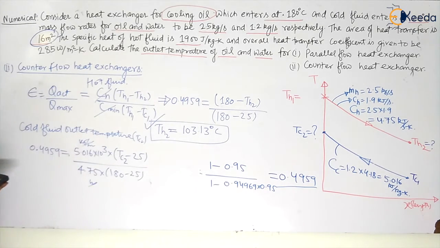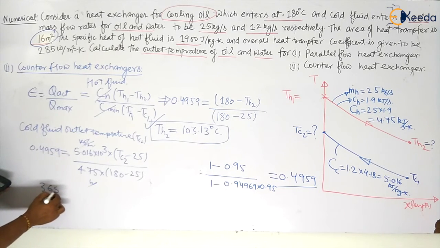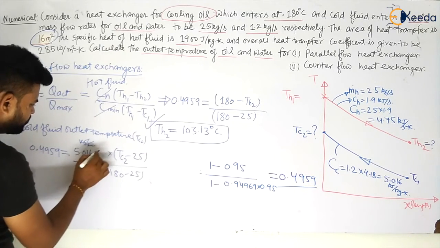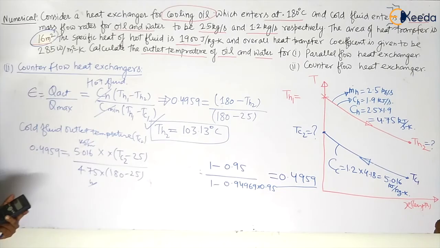Let us multiply this. So this will be 0.4959 into 4.75 into 180 minus 25, that is 155. Let us divide with this also. I am telling you, units must be the same, my dear students.